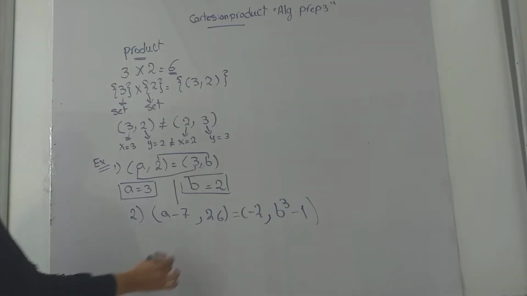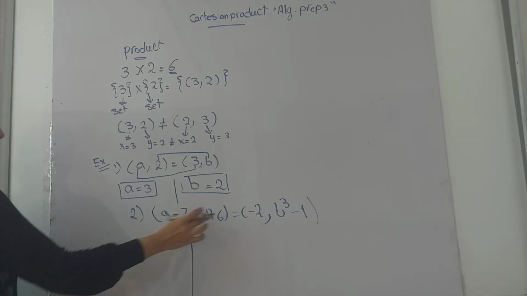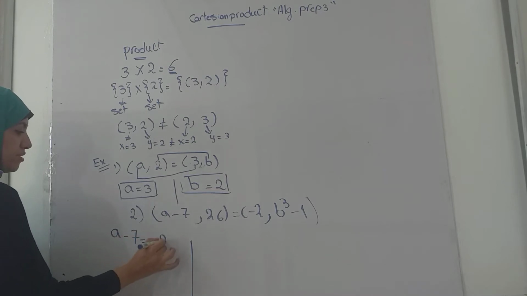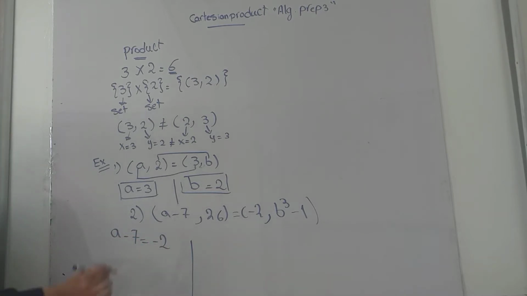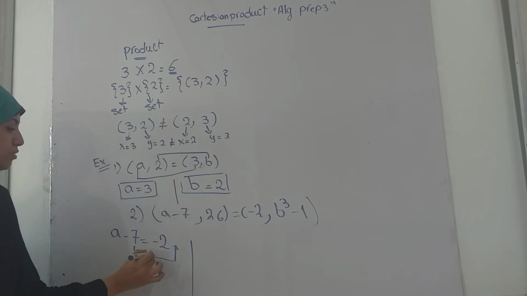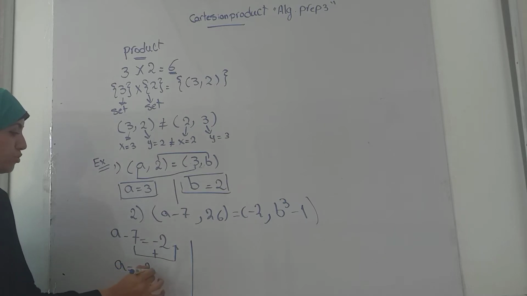What shall we do? We should write the first projection equals the first projection. So A minus 7 equals negative 2. Solve it as an equation. The negative 7 goes to the other side with the opposite sign. So A equals negative 2 plus 7, so A equals 5.